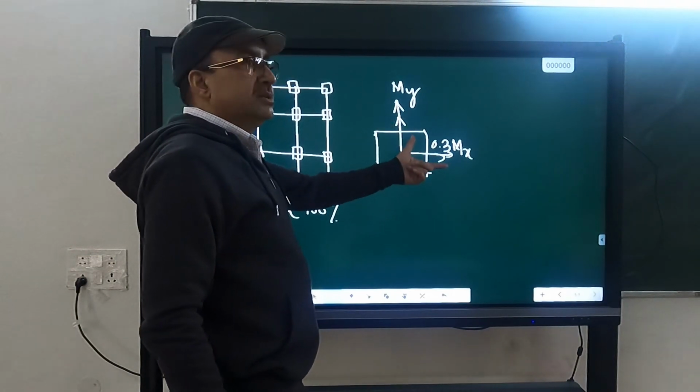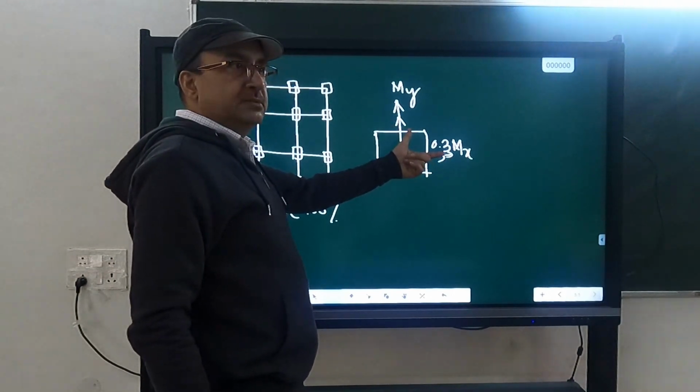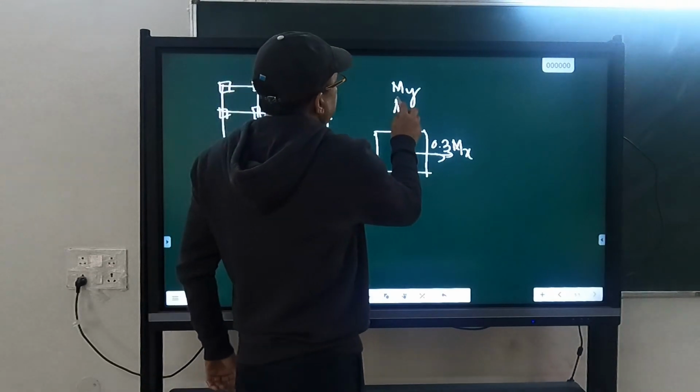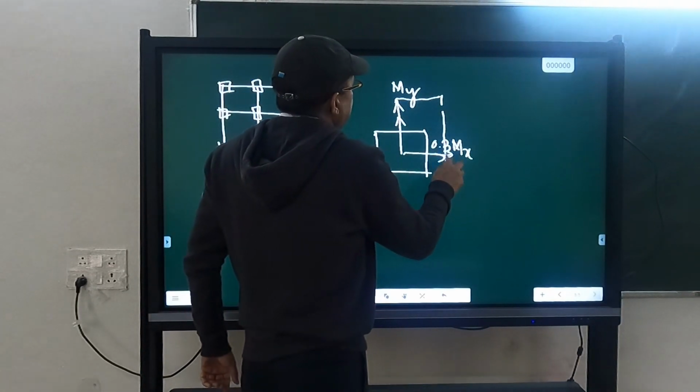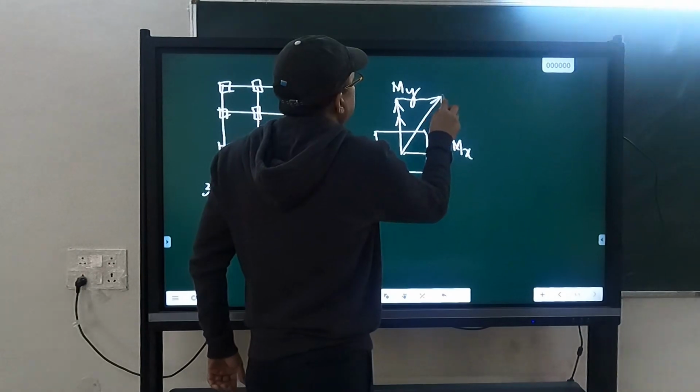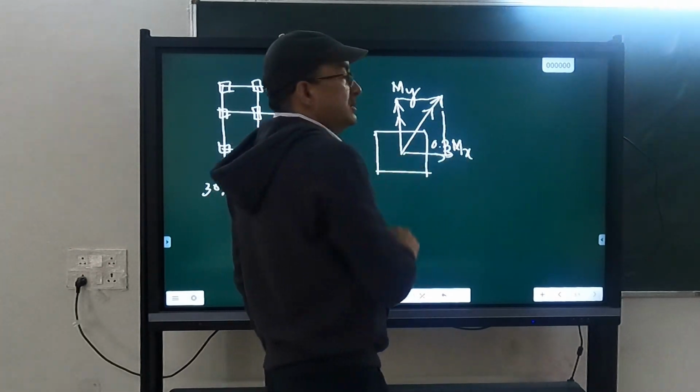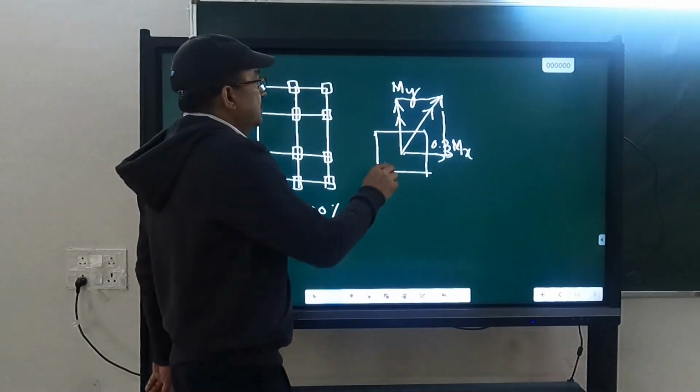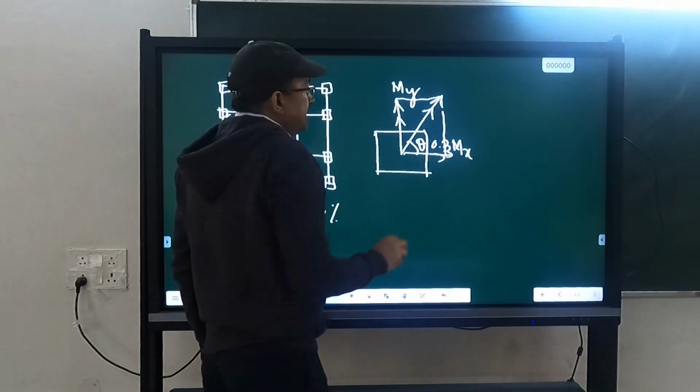So these moments you can also show as vectors. You can take the vector resultant of the 100% and the 30%. This is going to be the direction of the resultant moment. You can see that this resultant moment is at an angle theta.